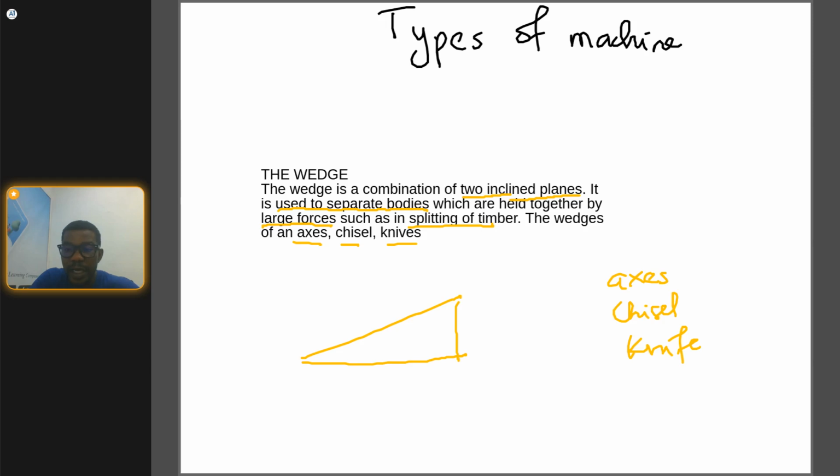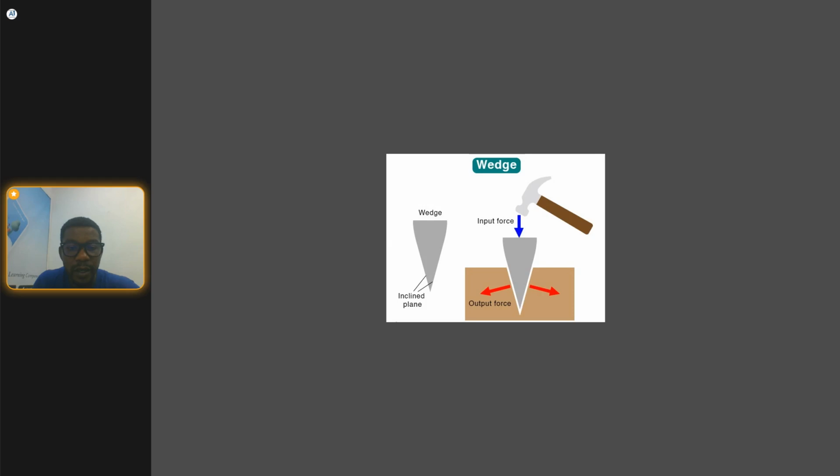And let's look at the diagram of a wedge. So we can explain using the diagram. Okay, this is the diagram of a wedge. Now, the combination of two inclined planes. Let's explain that.